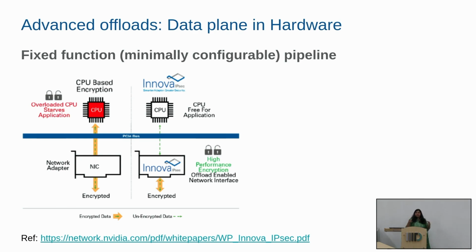So for hardware, what is a better idea if you want to do an offload? As I said, complicated चीजें hardware पे नहीं डालनी है, simplified चीजें डालो. So typically control plane processing is never offloaded, data plane processing is offloaded to the NICs, to the hardware. And there are many more reasons.